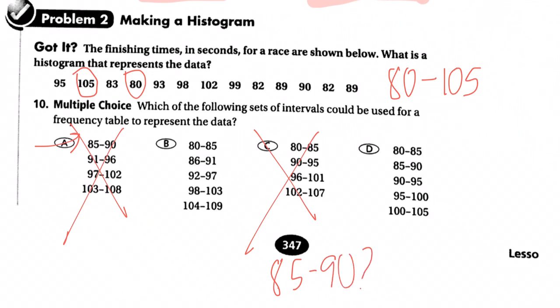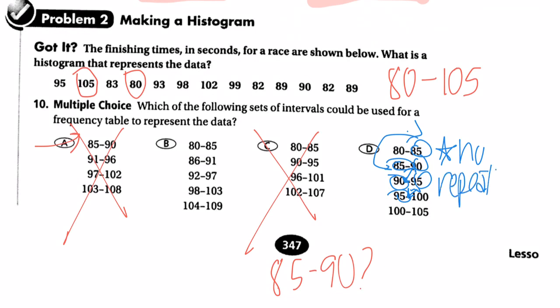Where is that information going to be represented? It can't be. So C is not a valid choice. D, we have 80 to 85, 85 to 90, 90 to 95, 95 to 100, and 100 to 105. This has repeats. 85 is in 2 spots, 90 is in 2 spots, 95 is in 2 spots. So remember, there are no repeats of values, no overlap.